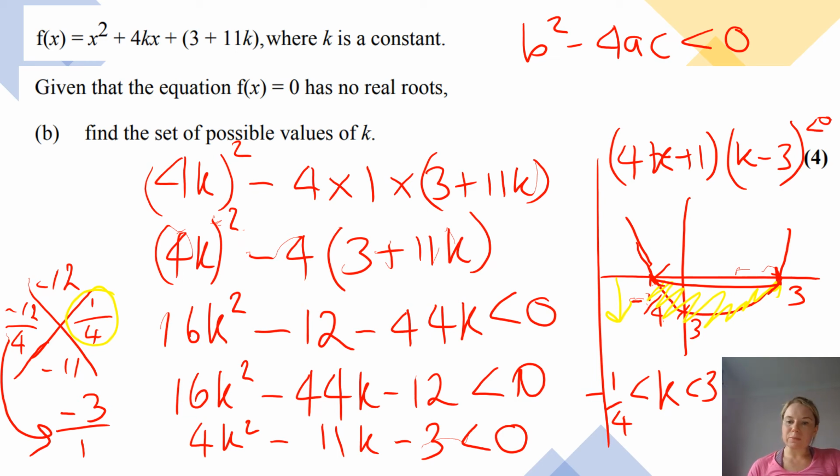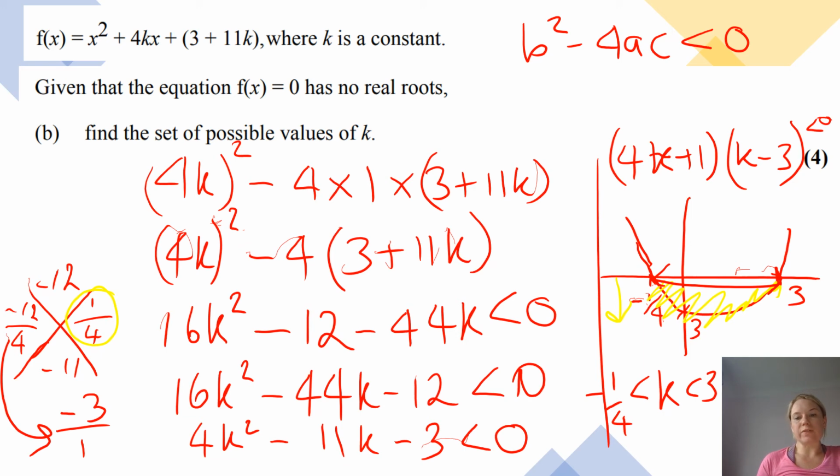This is where k is going to make this particular function less than 0, and therefore mean it has no real roots. It seems really complicated because you're saying, well, if it's got no real roots, why has it got roots here? But you're actually drawing the discriminant of it. You're not drawing the actual quadratic itself. So that's where it can get a bit confusing.